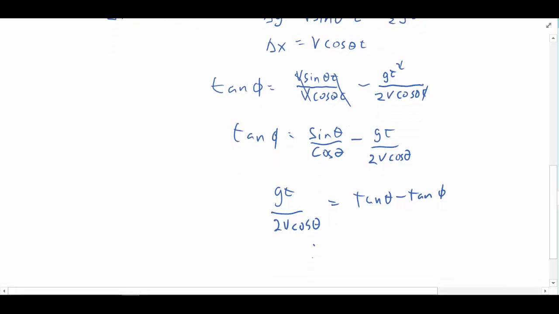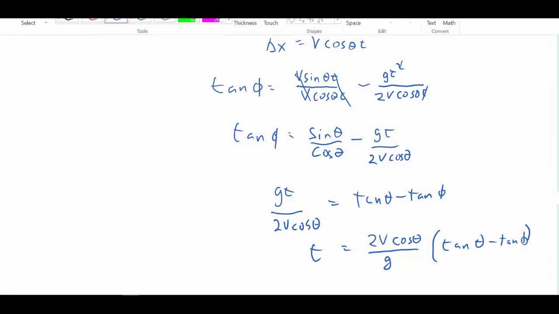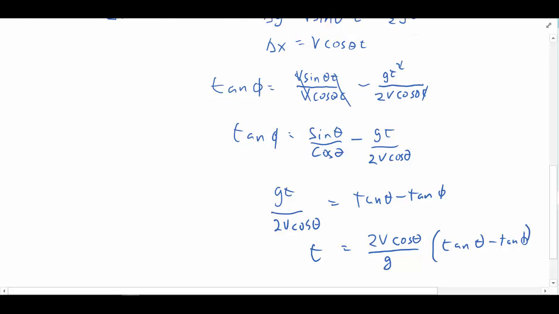And then I can just solve for t. And that would be 2v cosine theta over g multiplying tangent theta minus tangent phi. If we're being very careful, what do we do at this stage?